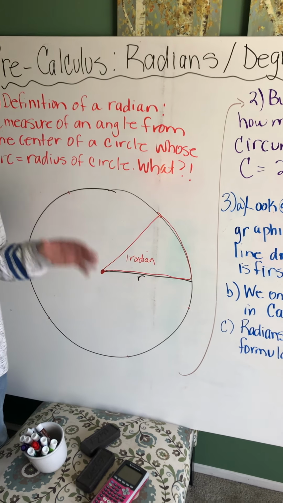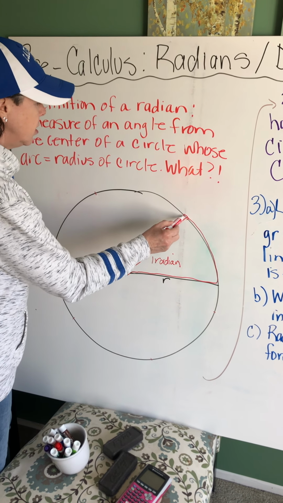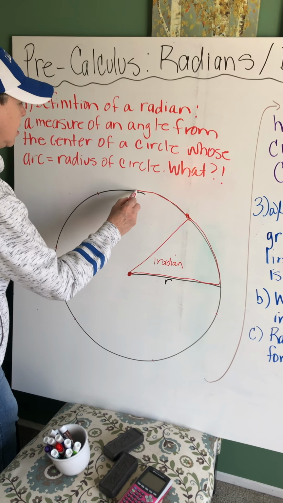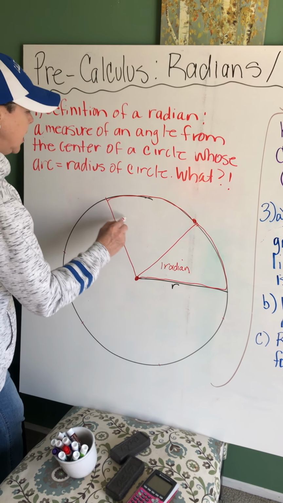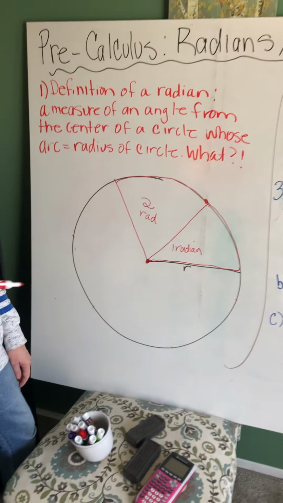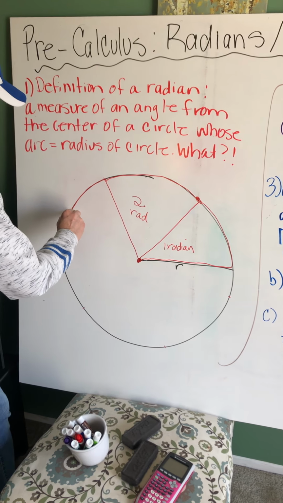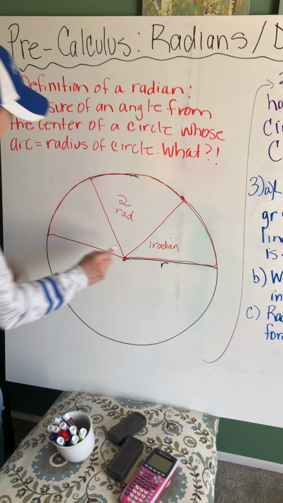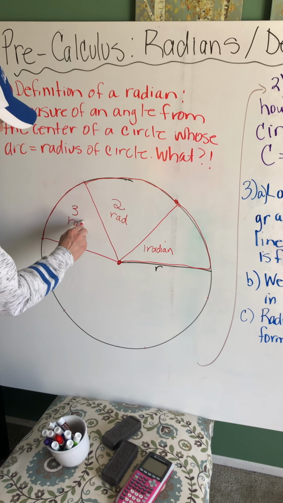Notice it is much bigger than a degree. Let's do that again. Let's start where we were, and draw another radius on the outside of the circle. Notice it's not perfect. That's okay. Here is our second radian. Let's keep going around the circle. I'm going to rotate an angle that makes another arc as big as the radius. That's our third radian.